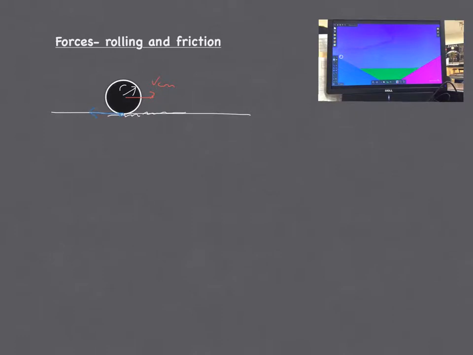So then there's going to be friction acting on that. It's going to slow the center of mass speed, it's going to slow the translational speed, and then increase the rotational speed. By creating that torque at that point, it's going to start rotating due to the friction.